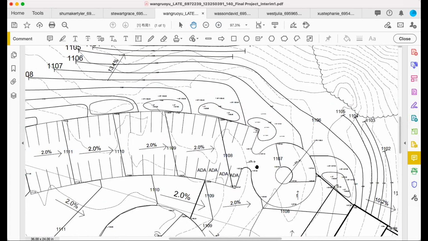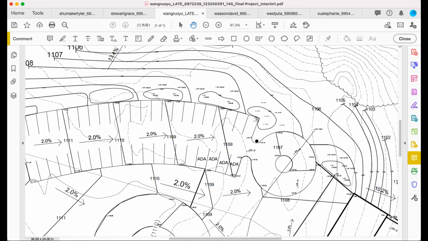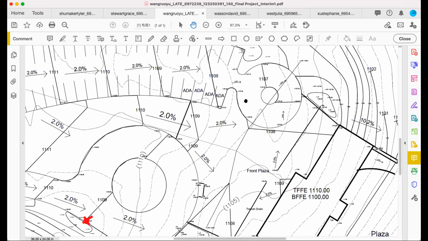And then things are draining into your, yeah, I would put something in here as well. That definitely needs a curb cut. The ramp needs to be something like this. We need a ramp over here.